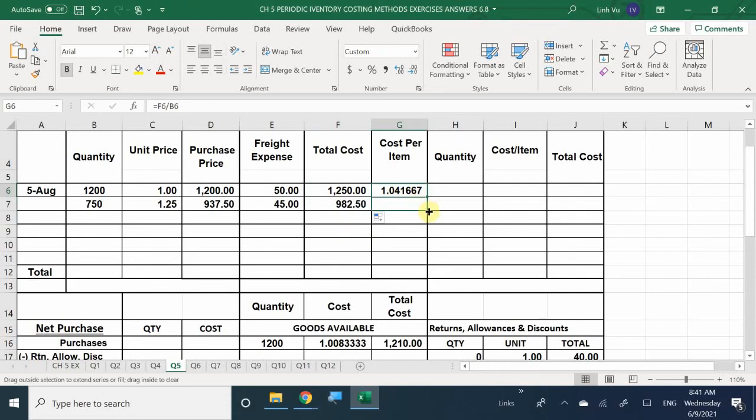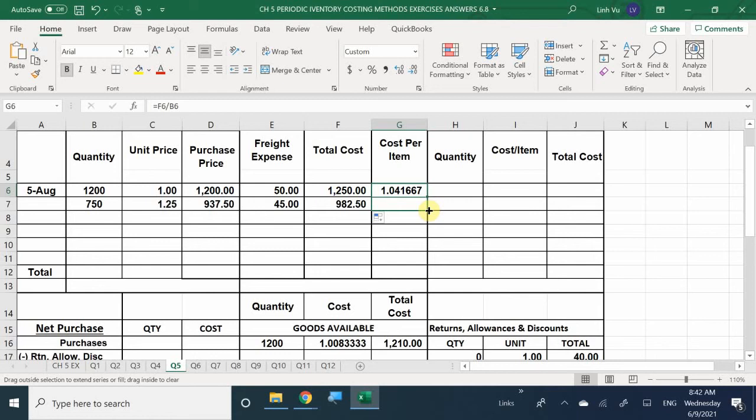And then the cost per item, you divide the $1.25 by the $937.50. No. We're going to take our total cost of $982.50 and divide it by the quantity, because we're looking at how much it's going to cost us per item.